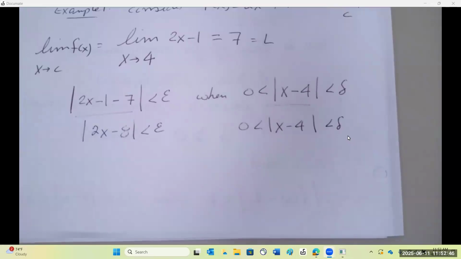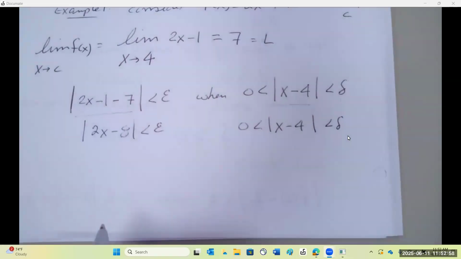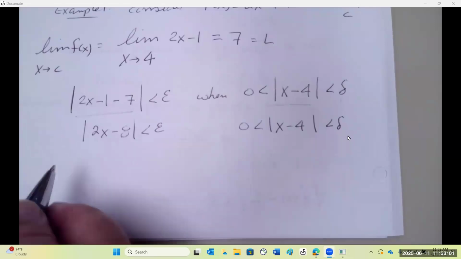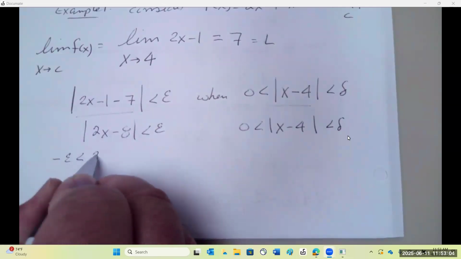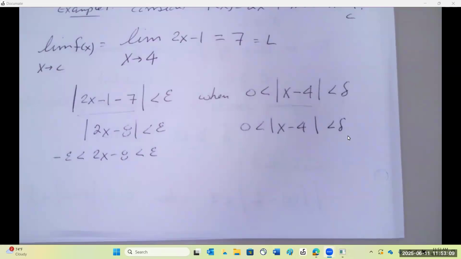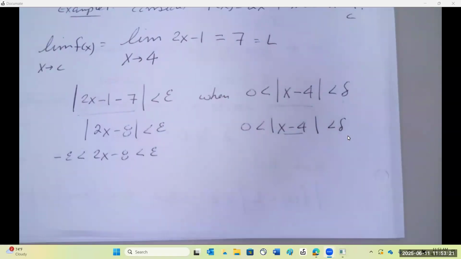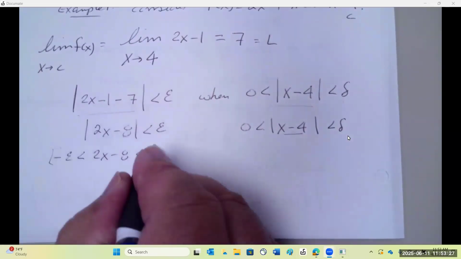So how do we solve for x? How do we drop the absolute value? When we drop the absolute value, you get a positive and negative answer. Remember, what we want inside here is x minus 4. Now, for this one, we don't need this one.